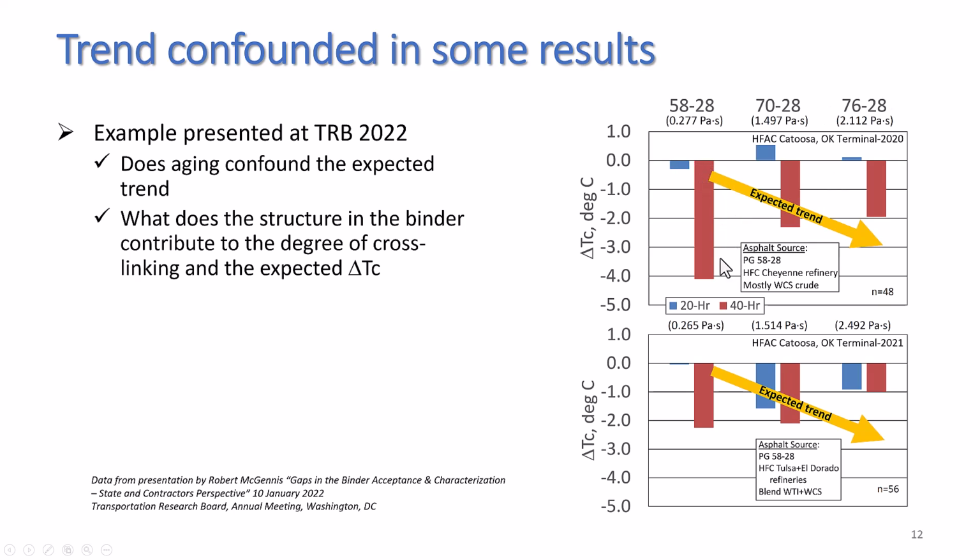But the delta TC goes the wrong way. So delta TC doesn't follow the expected performance trend. So there's an issue here in terms of how that material is performing. We'd expect to see an increase in performance where that material doesn't necessarily have an increase in performance.